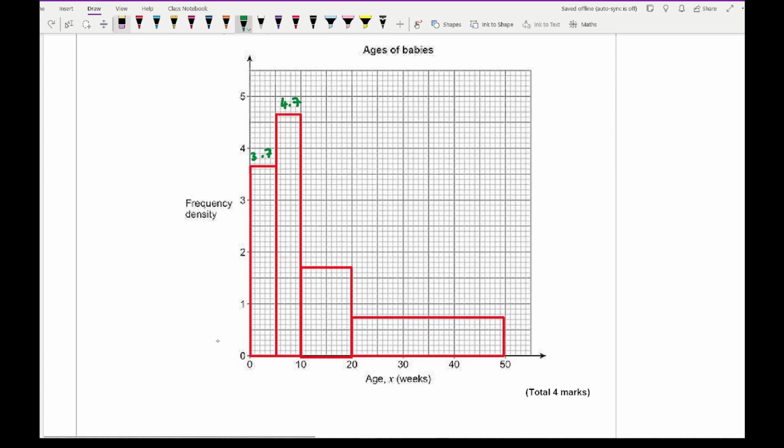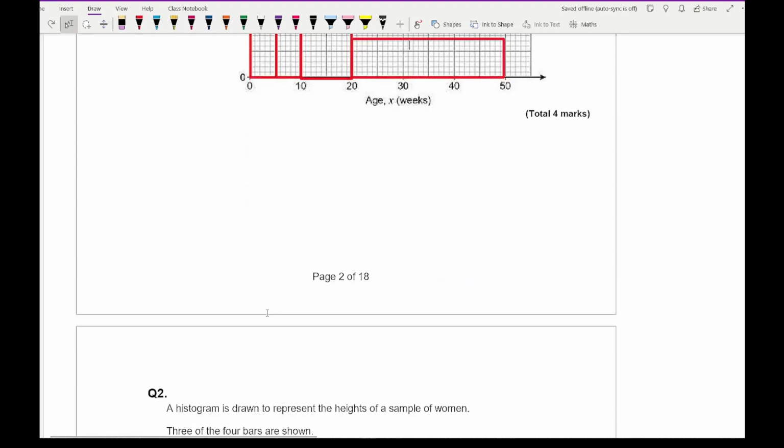Oh, I didn't want to do that, so let me just bring that back, and let's be a little bit more accurate. So these should be 3.6, 4.6, 1.7 and 0.7, and that's there for our 4 marks.